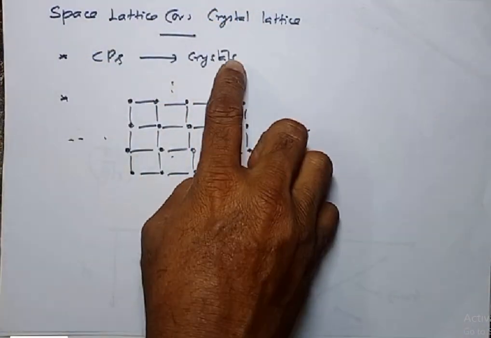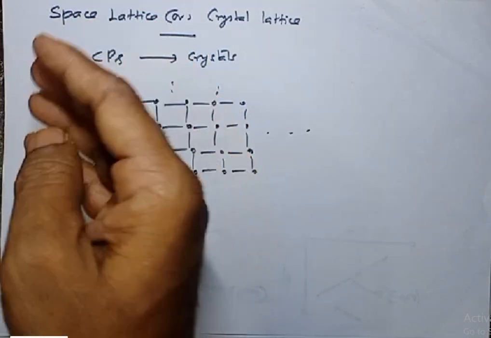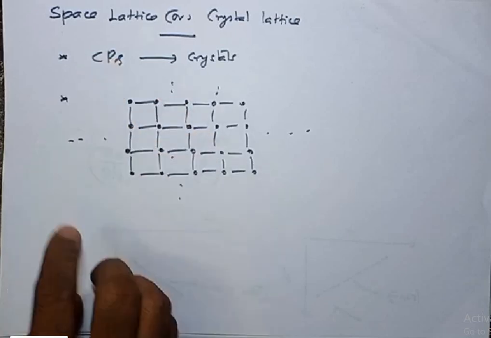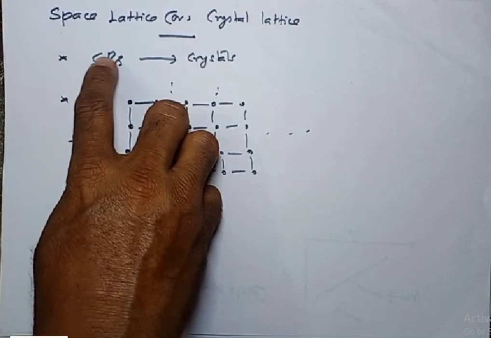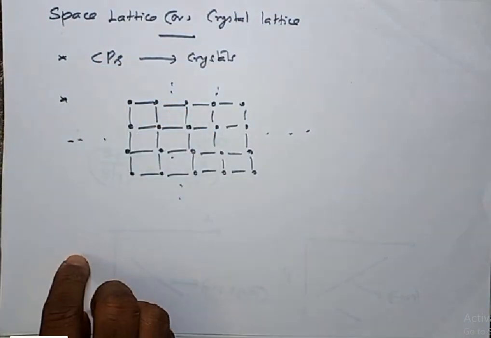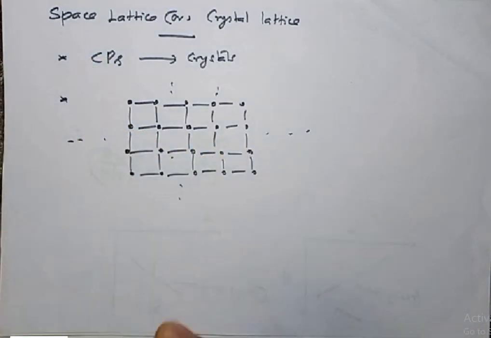I have told you crystals are formed by either atoms or molecules or ions. We call them generally constituent particles. Here I have written in a short form as CPs, meaning constituent particles. Remember, constituent particles may be atoms or molecules or ions.